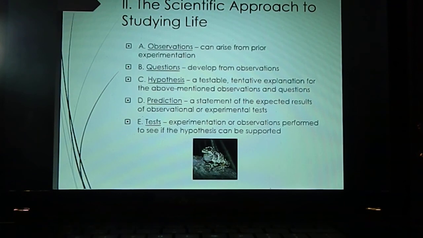So why did it happen this way? I think it happened this way because, all right? And you try to explain that. Your prediction is really sort of rolled up into the hypothesis. It's just a statement of the expected results of observational or experimental tests.